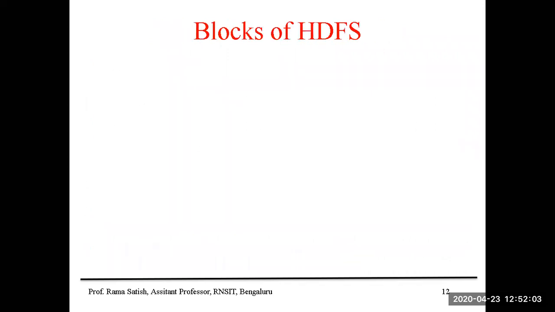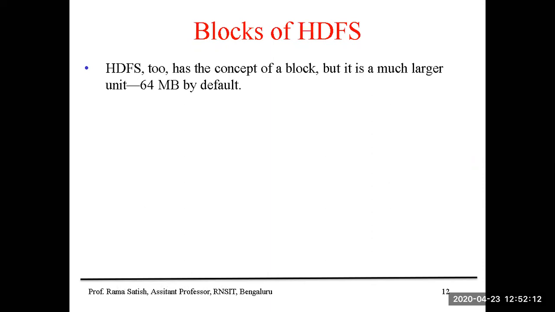Of course, 512 bytes is with respect to a normal system. For a Hadoop system, it is 64 MB. Not bytes, it is megabytes. Observe very carefully. HDFS has the concept of a block, but it is a much larger unit, 64 MB by default.